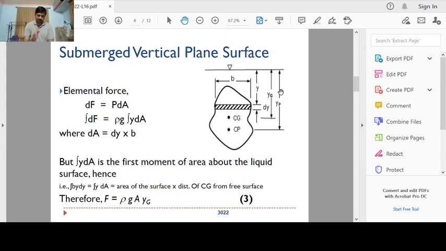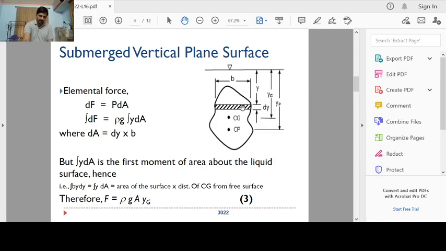So let us first find out the total pressure F. For the elemental force on the small strip, dF is equal to pressure into dA, the area of the small strip, where dA is equal to b into dy. b is the width and dy is the height or thickness, which is the elemental area of this small strip.